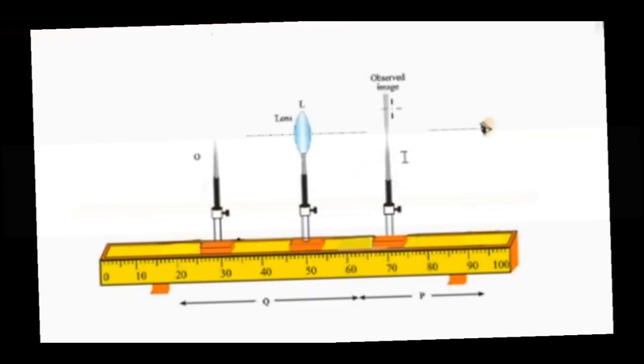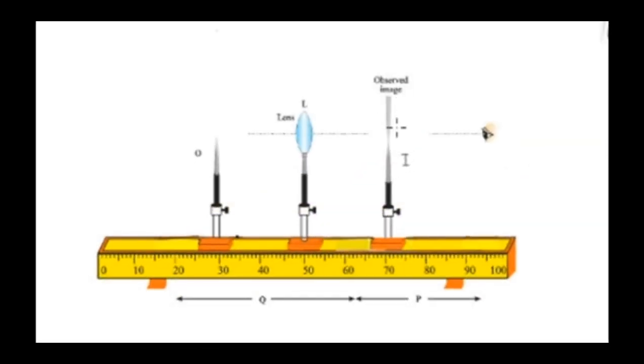If they do not move together, then there is a parallax. We have to remove the parallax by moving the image needle toward the lens or away from the lens. Such a condition will come when both tips move together.